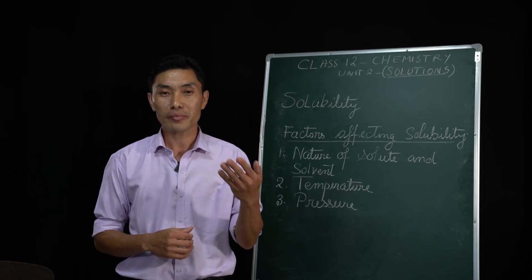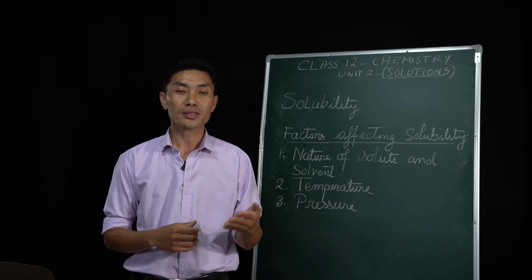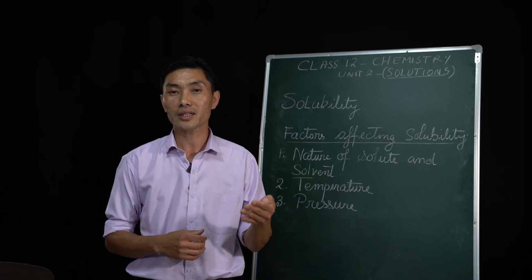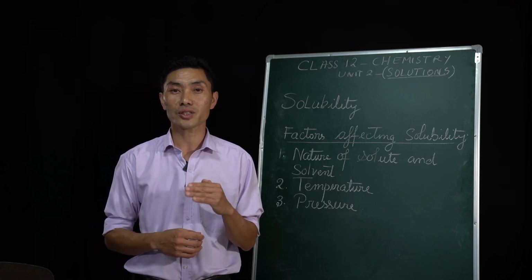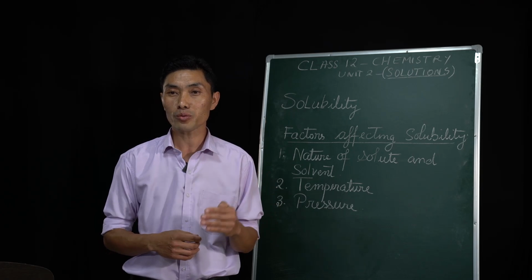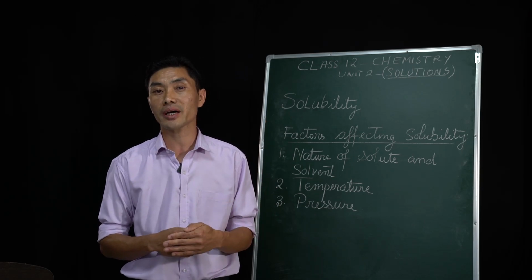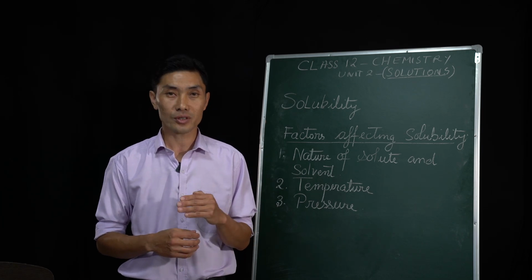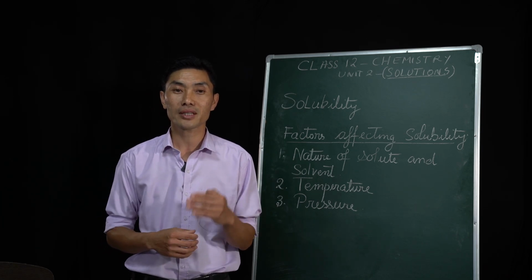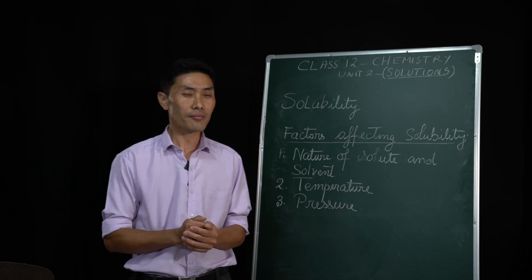I want you to make a correction there. Mass of the solute will be divided by volume of the solution, not by volume of the solvent. So mass by volume percentage of a solution is given by mass of the solute divided by volume of the solution. Please make that correction there.